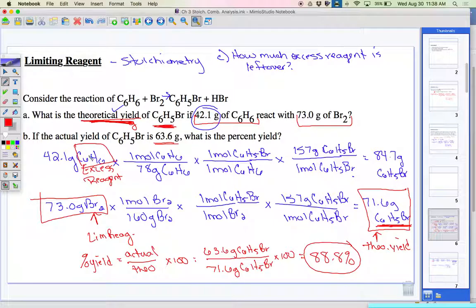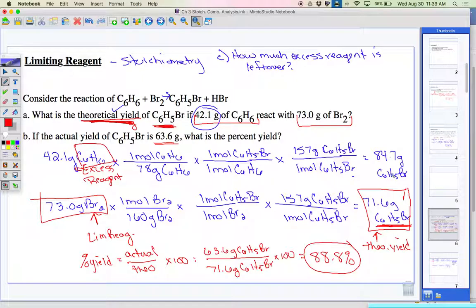But you'd still have to subtract. People want to subtract these 2 numbers and be done. You can subtract those 2 numbers, but you're not done. You'd have to convert that subtraction to C6H6, which I don't like, but I think that's how she showed you to do it.